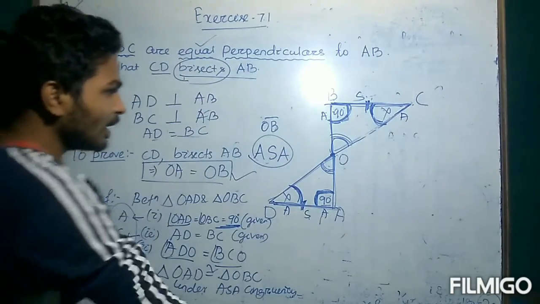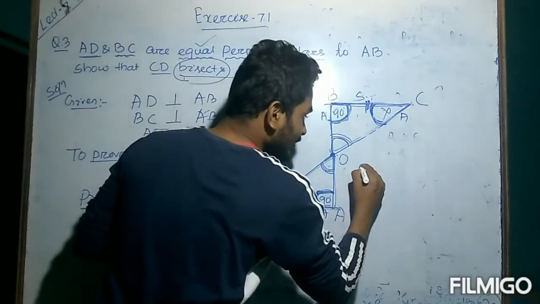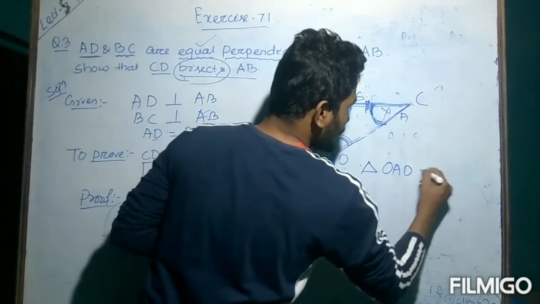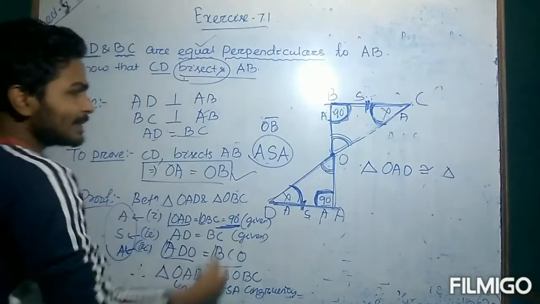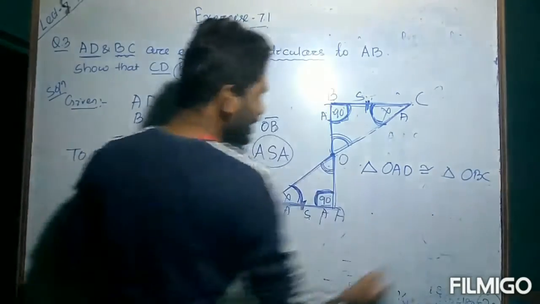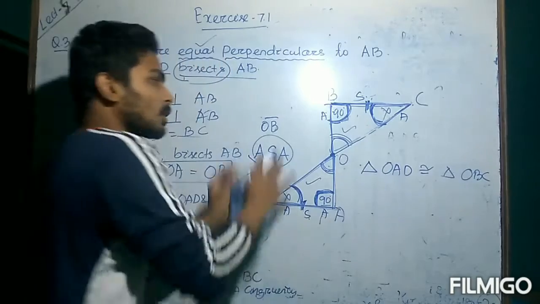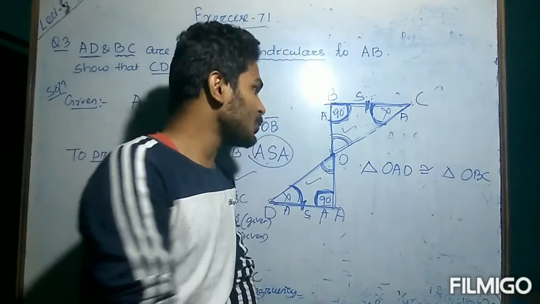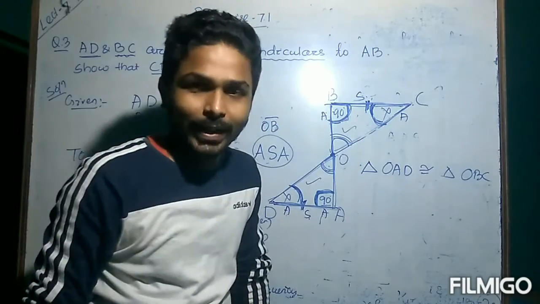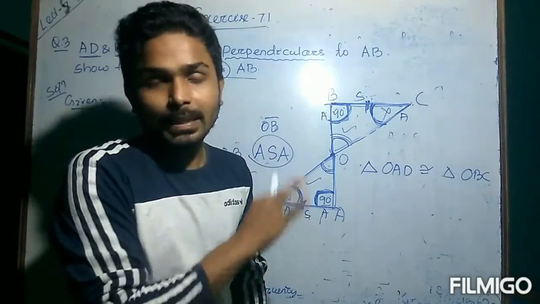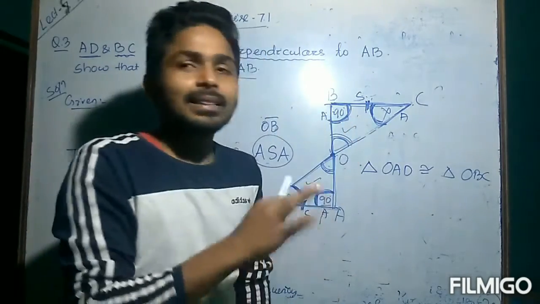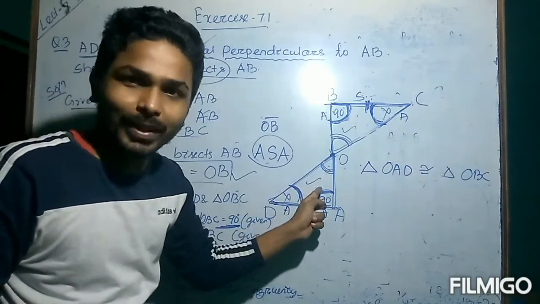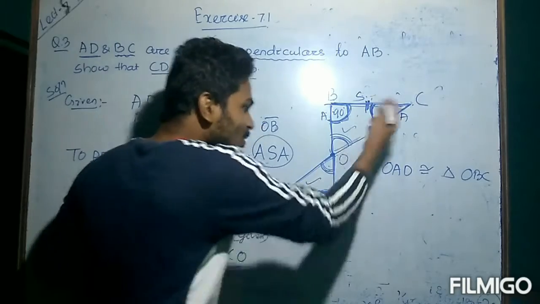How can we prove it? Let's see. Since triangle OAD is congruent to triangle OBC, these triangles are congruent. Now remember axiom 7.2. According to axiom 7.2, if any two triangles are congruent, then their corresponding parts are equal, that means their sides are equal and their angles are also equal. So can we write that their sides are also equal?